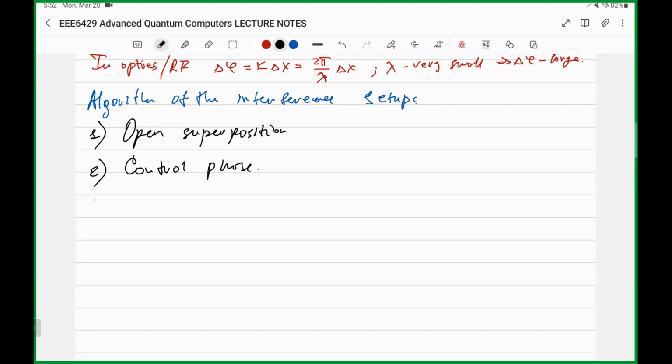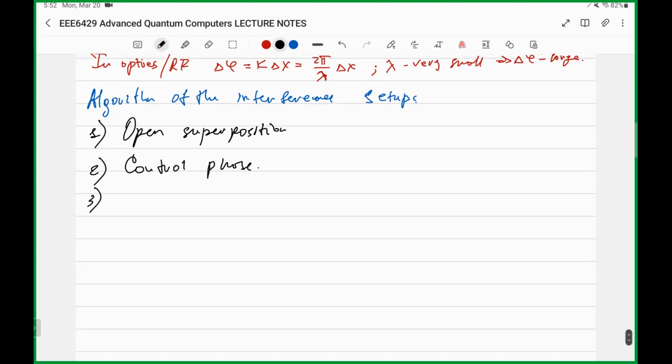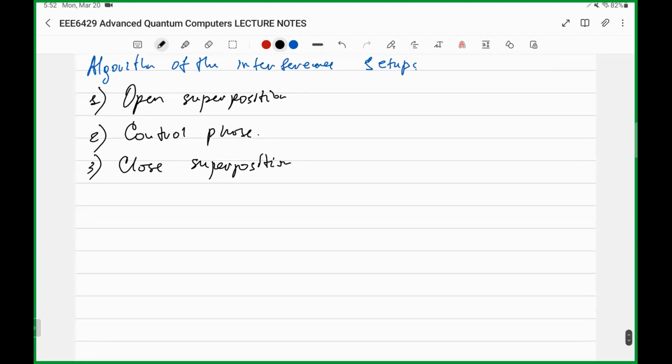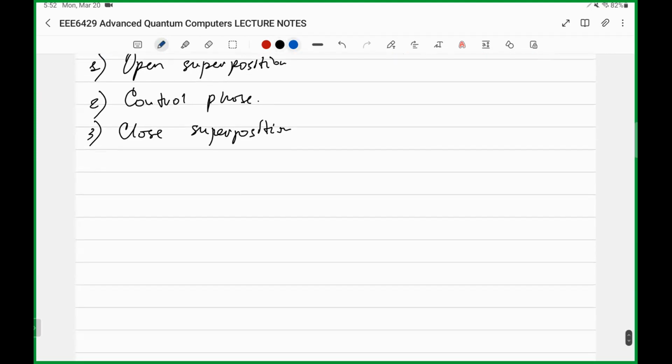So control phase, and then the third step, close the superposition with another screen, or another Hadamard gate in quantum.